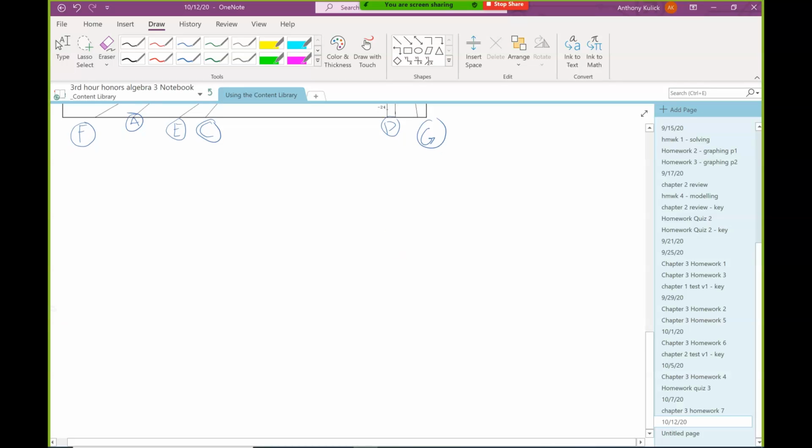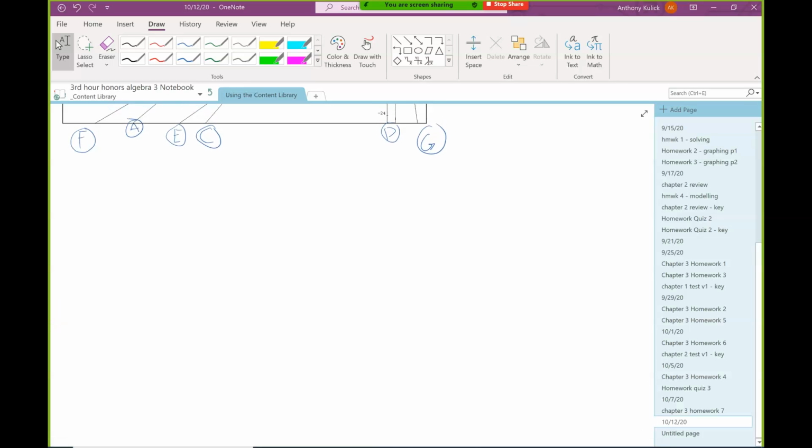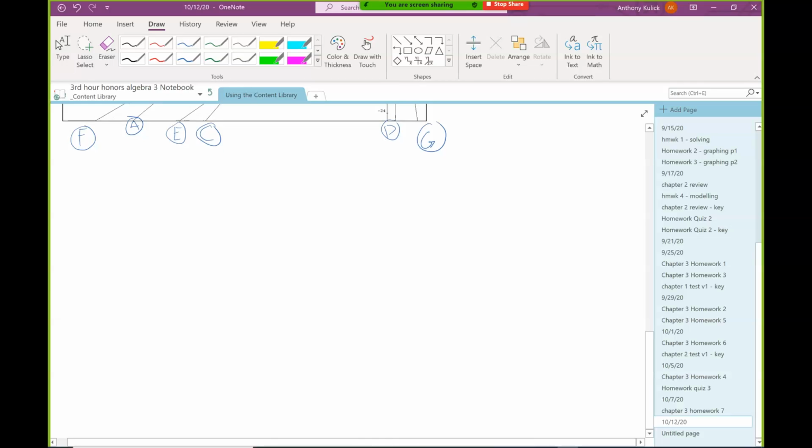Try this. We're just going to try shut down OneNote if that clears these lagging issues up. And if they don't, maybe we'll just have to restart the computer and come back to this.